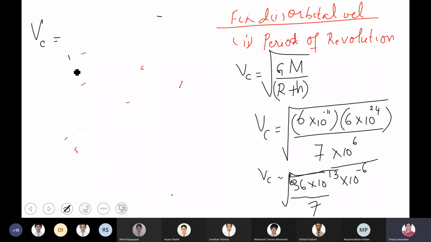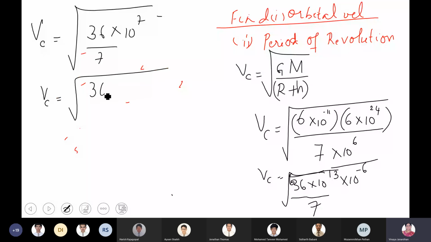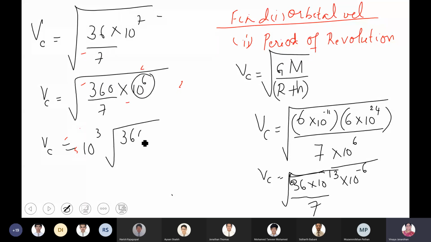VC, I can make this as 36 into 10 to the power of 7 divided by 7, or I can make this as root of 360 into 10 to the power of 6 by 7. So this 10 to the power of 6 will come as 10 to the power of 3. So VC becomes equal to 10 to the power of 3 into root of 360 by 7.